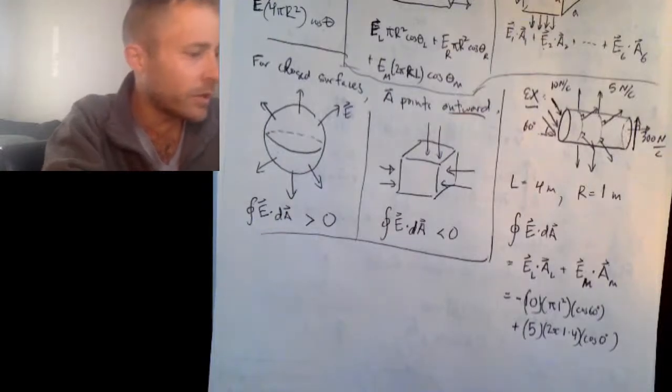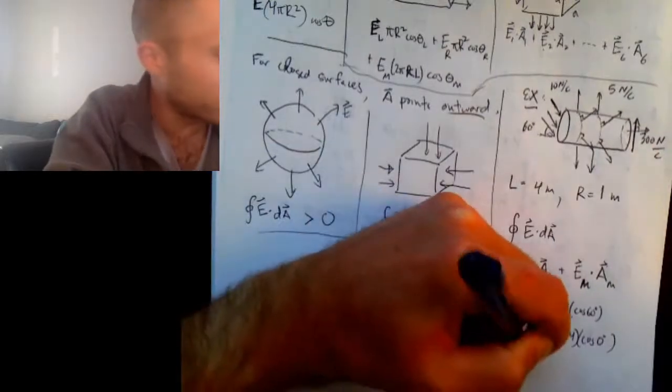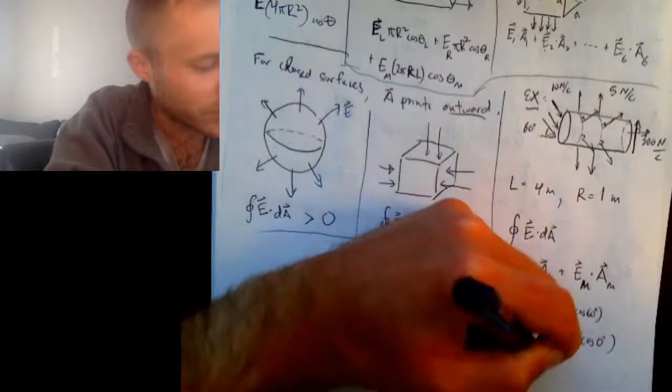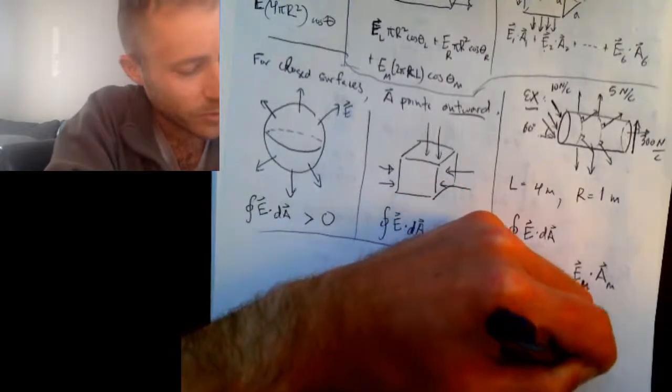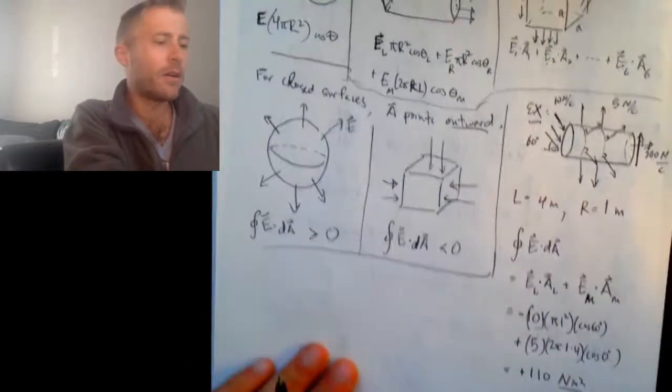And I get a total flux of plus pretty much 110 Newton meters squared per coulomb.